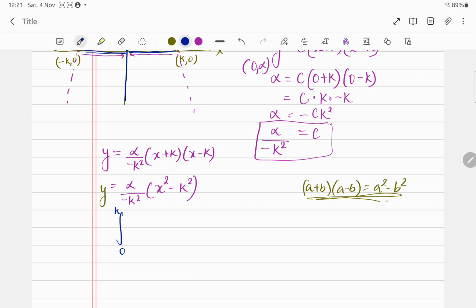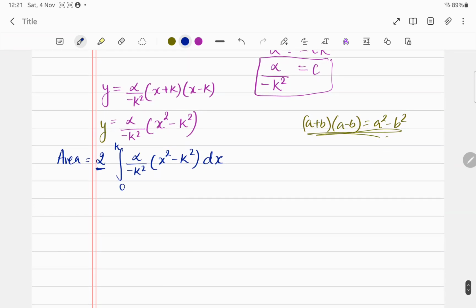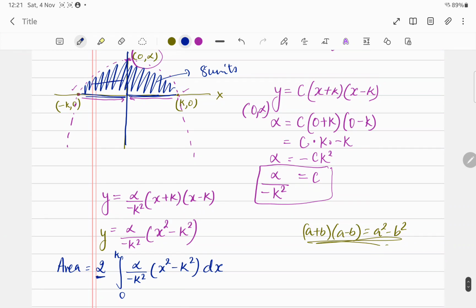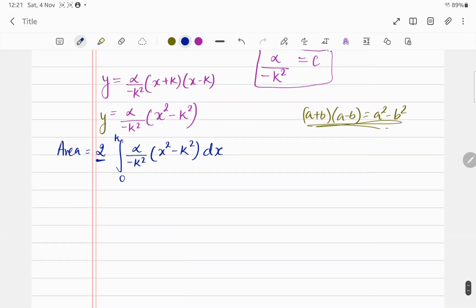So the whole area equals twice the integral from 0 to k of alpha over minus k squared times (x squared minus k squared) dx. I have done twice because I have divided the area into two parts, this part and this part.